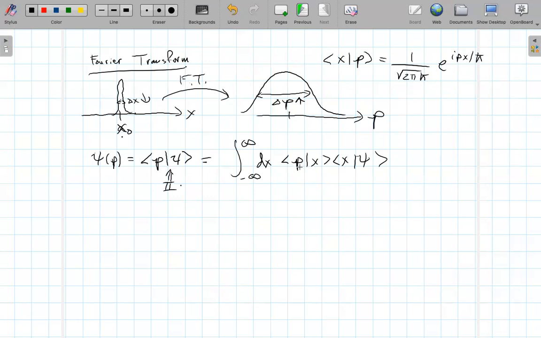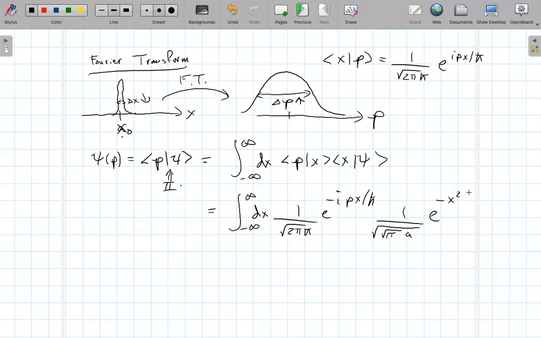So here, this is just the complex conjugate of that, so everything stays the same except this becomes a negative sign. So let's put all this stuff together. This is going to be equal to the integral from minus infinity to infinity of dx times 1 over the square root of 2 pi h bar, e to the minus i px divided by h bar, times my Gaussian wave packet, which is 1 over the square root of pi a, e to the minus x squared divided by 2a squared.